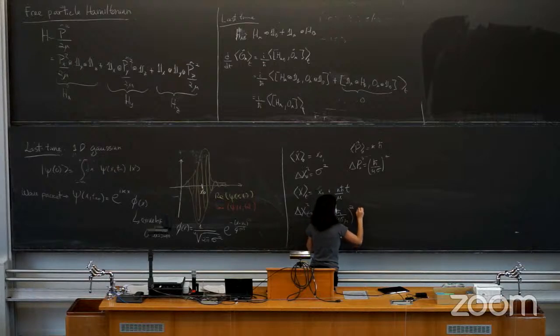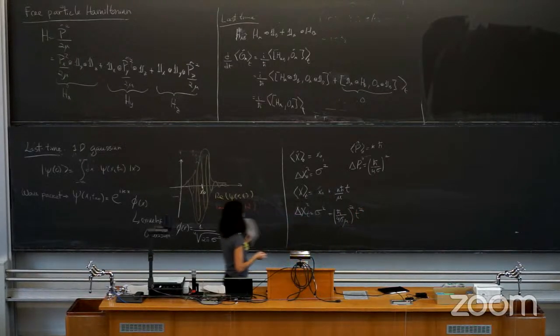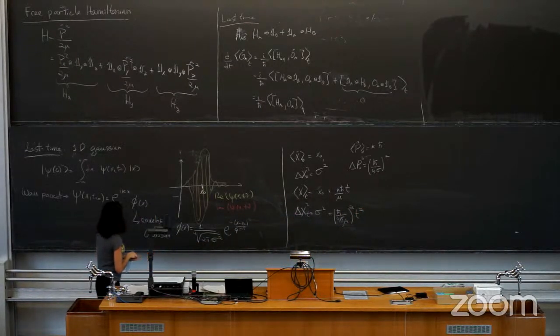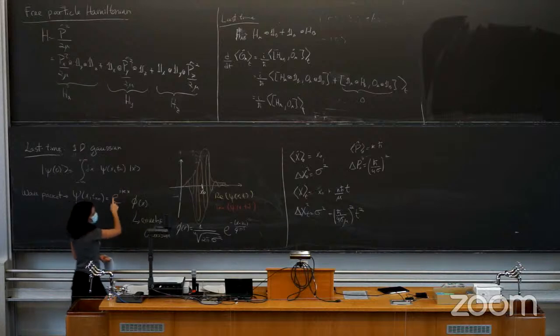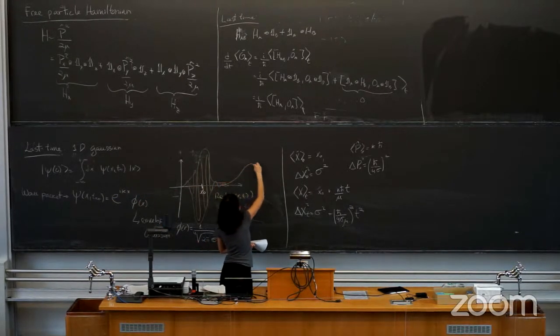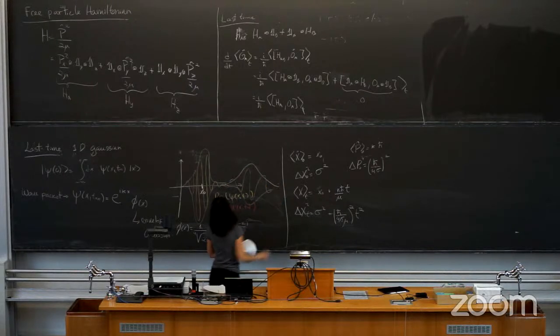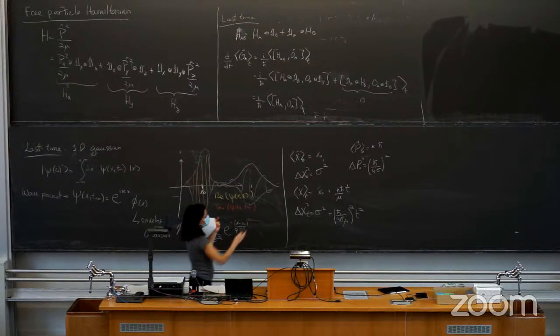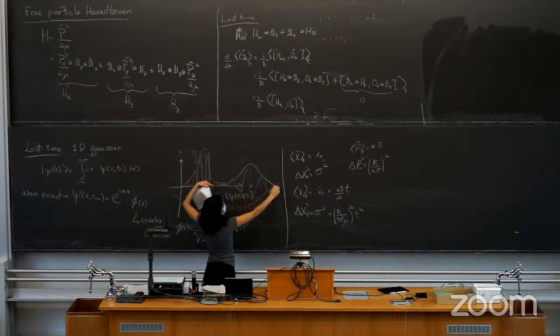Okay. So if k is positive, it means that it's moving in this direction. So after a while, it's going to be like this, where the average position moves by this amount, and the variance, so the spread, also spreads out, right?